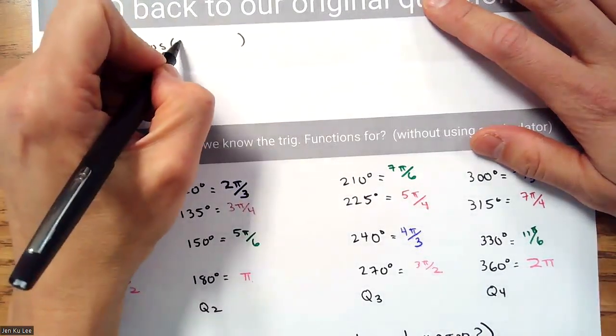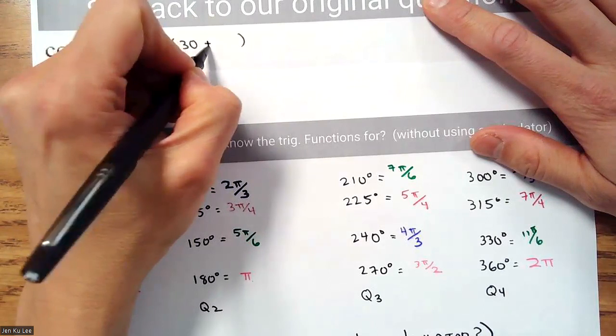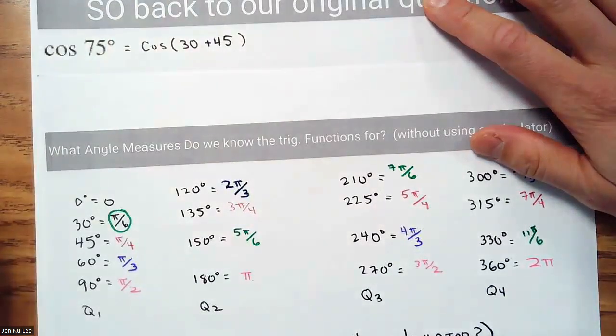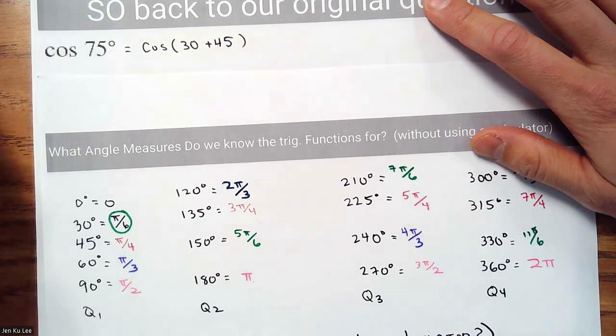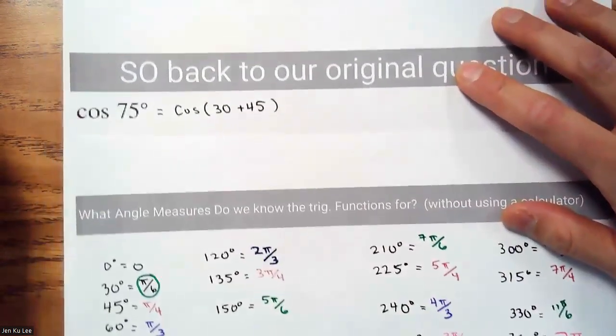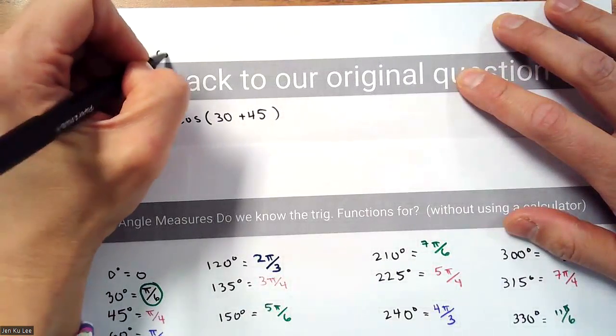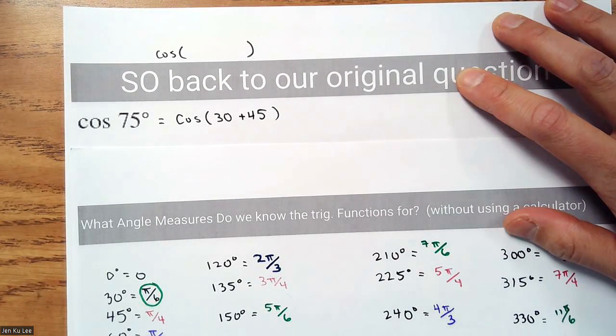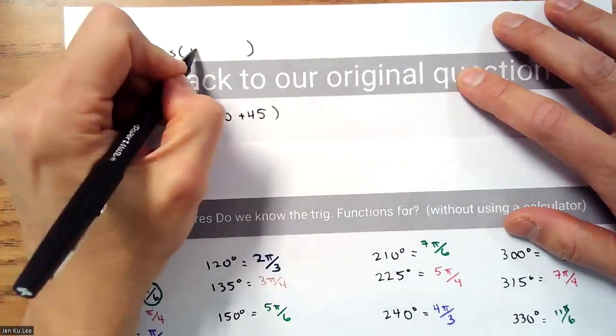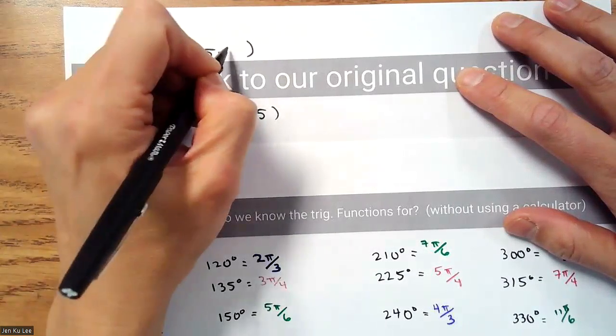Yeah. So I can go cosine of 30 plus 45. Give me one more example of what I can use. I can go cosine of, yeah, 135 minus 60. I like it.